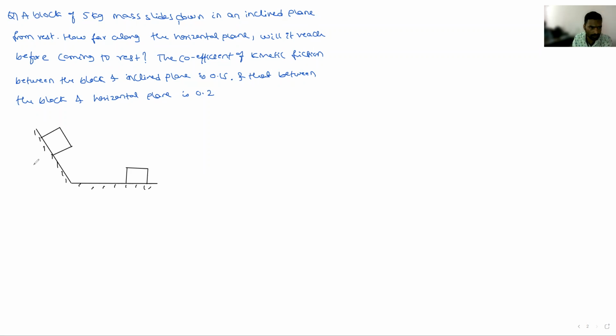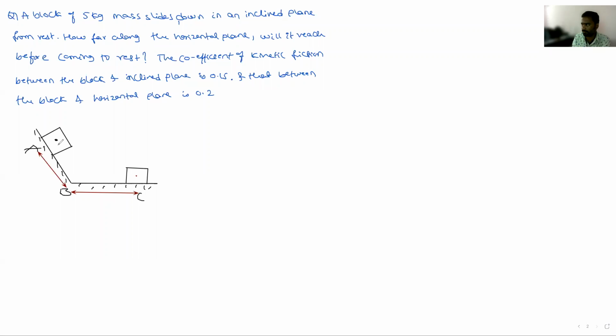Draw this figure. This is point A, this is point B, and this is point C. What he is saying: a block of mass 5 kg slides down an inclined plane from rest.